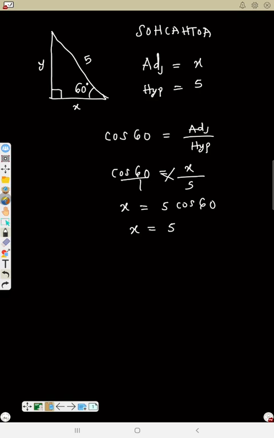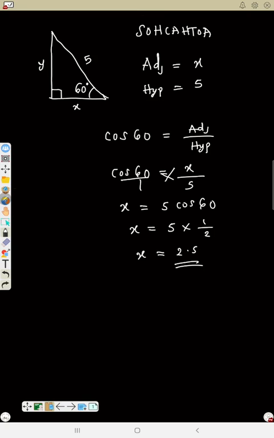And we know cos 60 is 1 over 2, that is 0.5. So that will be 2.5. That means x is 2.5. What you are trying to do is know which one you are going to use, whether it's sine, cos, or tan. It's the two sides that will determine.